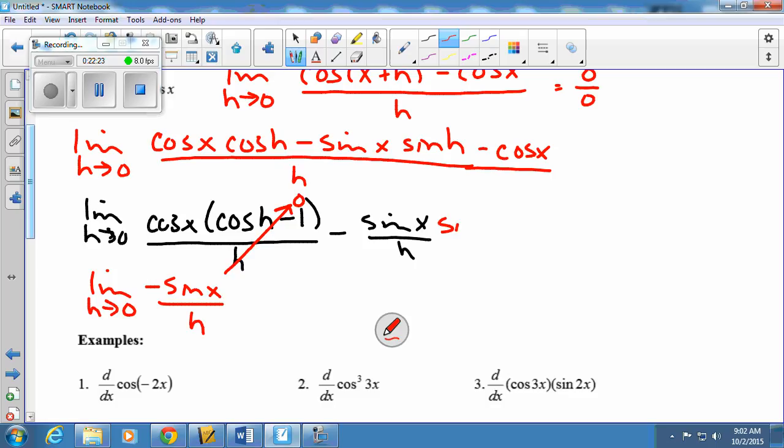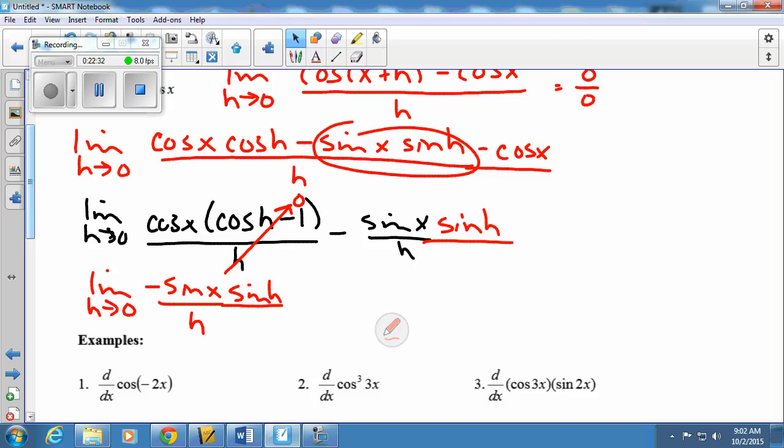I just forgot to write it down. Don't I still have sine of h here? Thank you. What happens with the sine of h over h? That was a proof that we did earlier that we're going to use again. This equals negative sine of x.